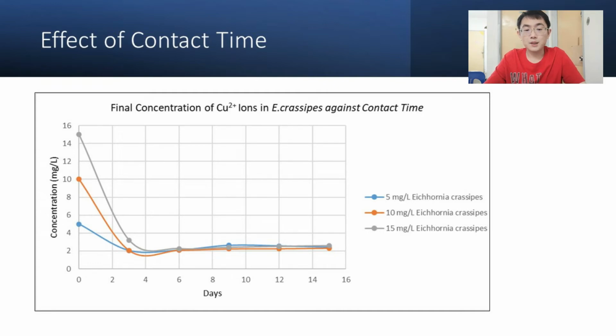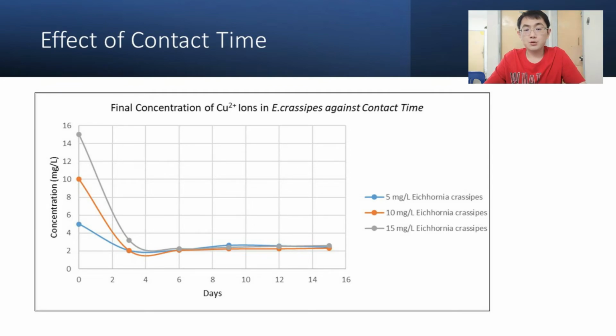For all the 3 samples, the copper-2 ion concentration has shown the same trend, where it increased slightly on day 15 as compared to day 3. However, the general copper-2 ion concentrations for all 3 water samples have shown a downward trend when the contact time increased.